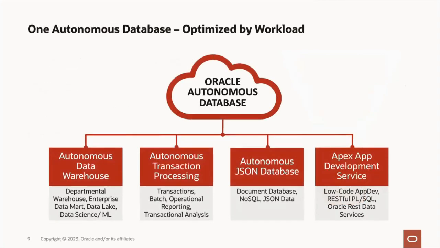So this sort of sums it up. The Oracle Autonomous Database can be configured on initial install as either a data warehouse, transaction processing, JSON, or to be utilized as an Apex app development service. Of note here is this is done through the UI or any of the other ways as mentioned.